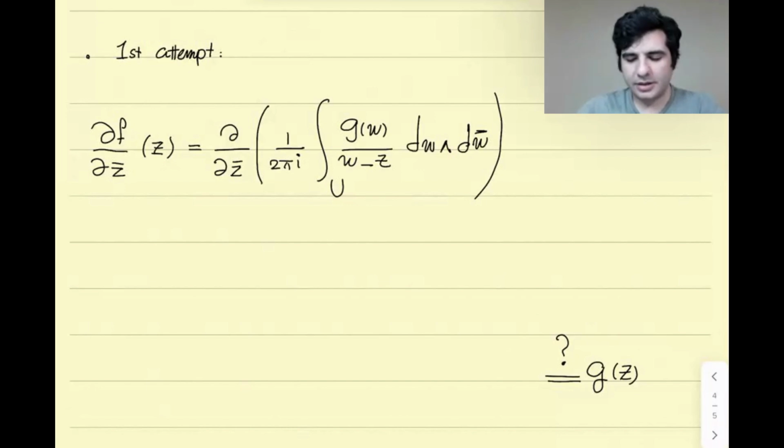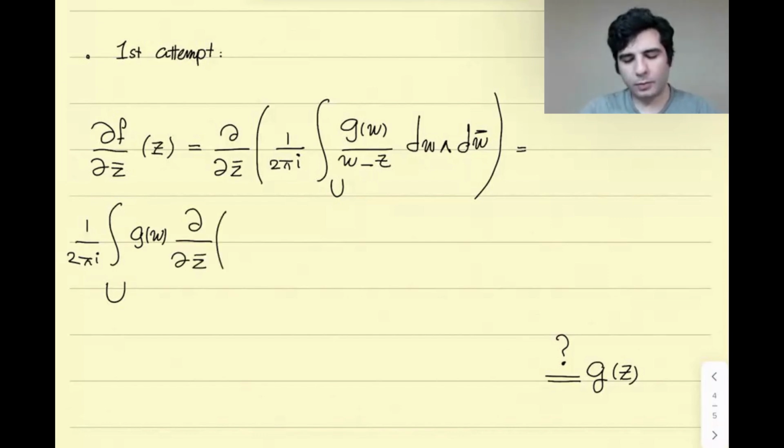Also, we have good assumptions on g, so there is no problem in doing that. So this is equal to 1 over 2 pi i integral over U. In fact, g is a function of w, so it would act as a constant for the derivative. We have derivative with respect to z bar of 1 over w minus z, dw wedge dw bar.